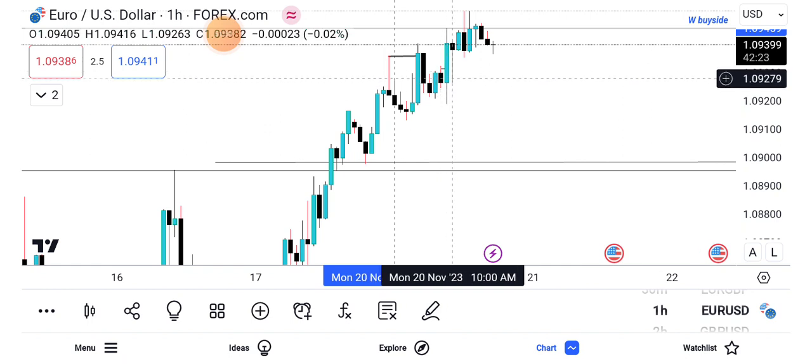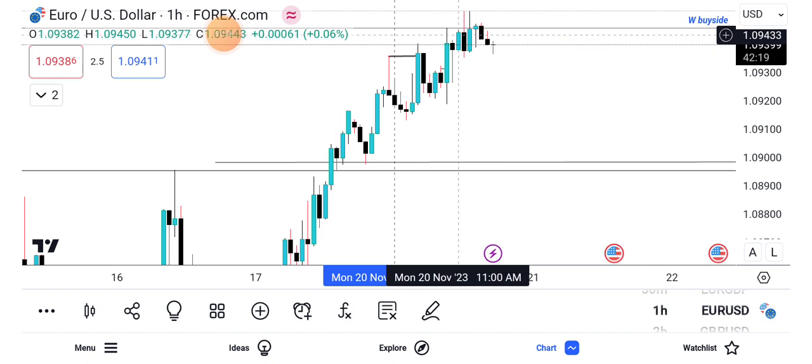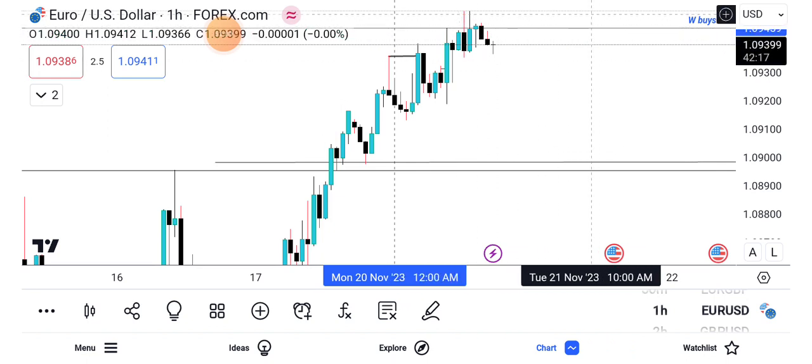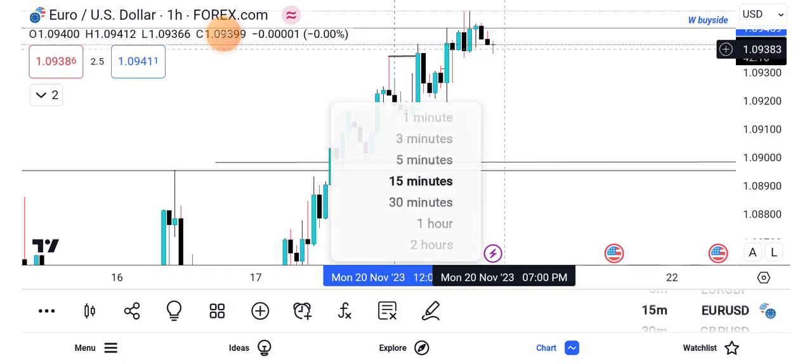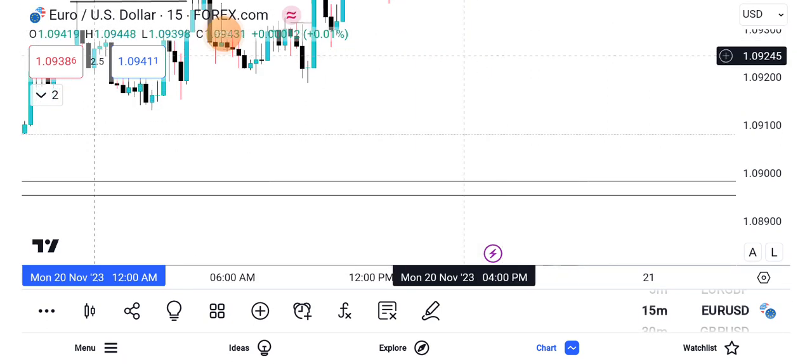You can see this clearing, tapped into the order block, and then rallied higher, came and took our weekly buy side liquidity. Then we have this range there, dropping into the 15 minutes.